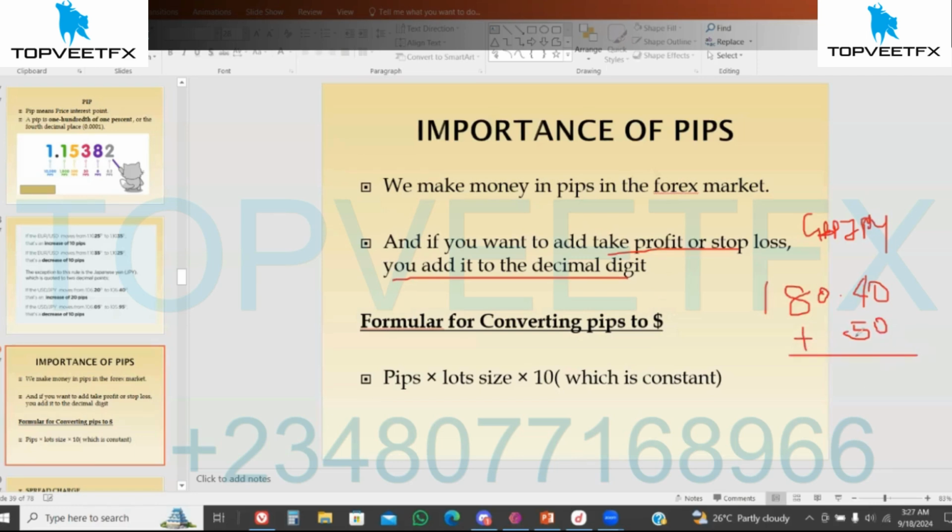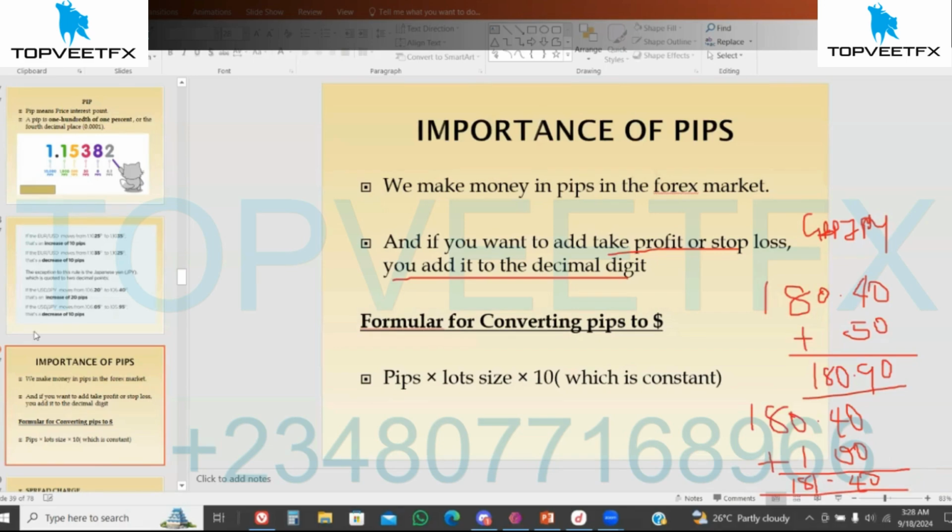You plot it, which is 0.50, so that's 180.90. For example, if you want to add 100, that will be 180.40 plus, you put 1 here, then 0, 0. That will be 181.40. I believe we all understood this.